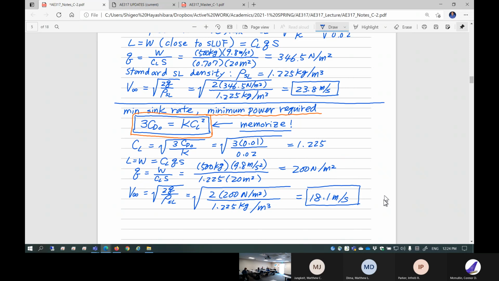So here's the important thing. In order to maximize the range, sometimes you have to fly faster. So keep that in mind. You know, to stay up in air, you want to fly as slow as possible. That's always true, usually. If you fly as slow as possible, you're going to stay up in air for longer time.